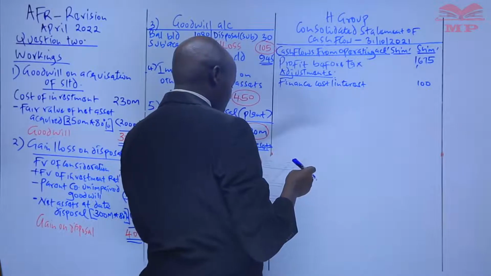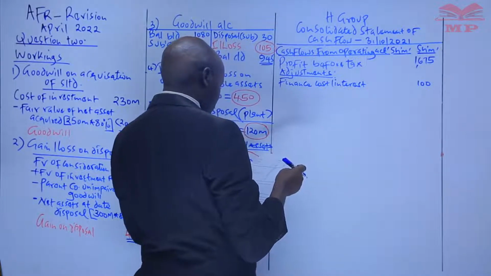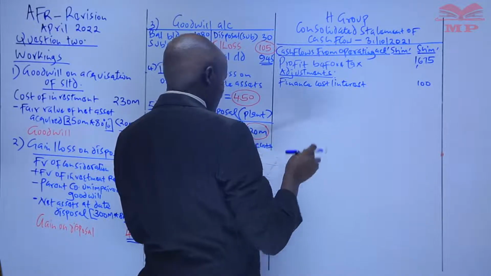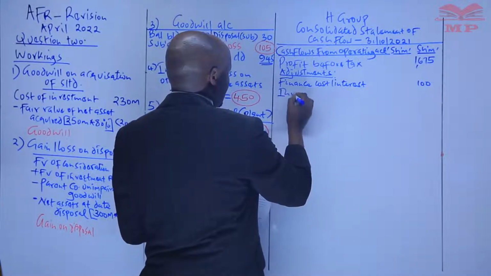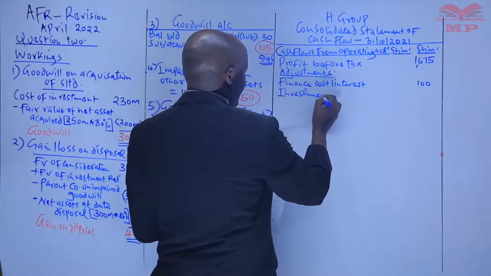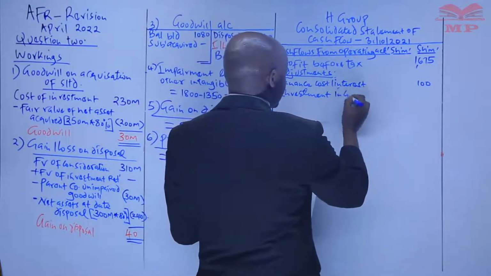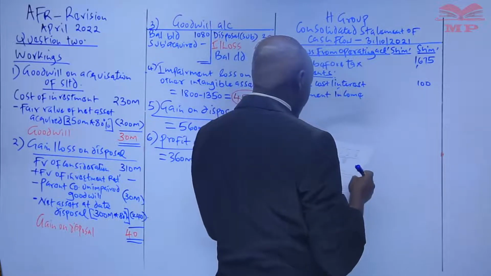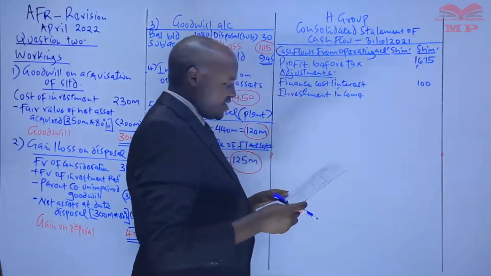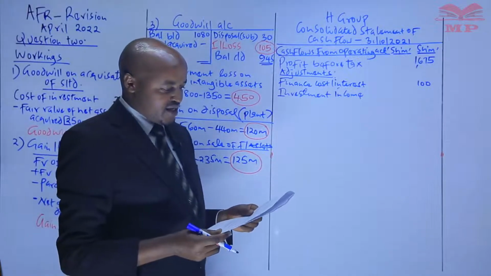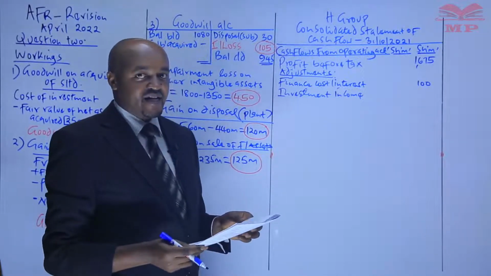The other item we also need to take into account is the investment income, and you're told that this included dividend income. This dividend income automatically is from the financial asset.